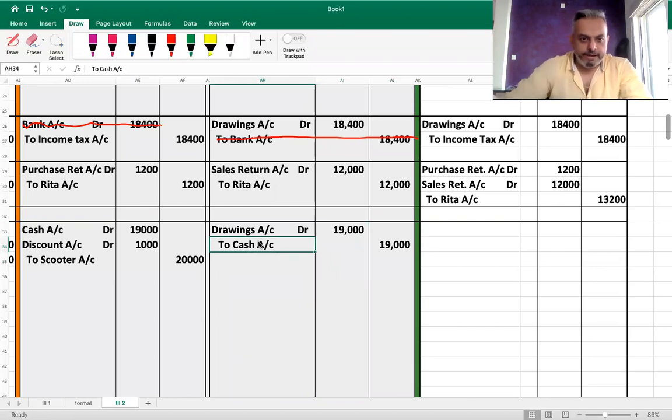Now let's combine. Cash account debit 19,000, cash account credit 19,000. So we are left with what?